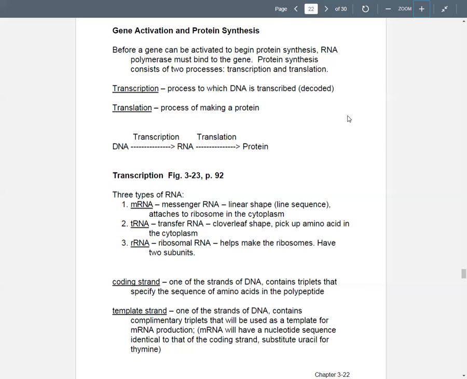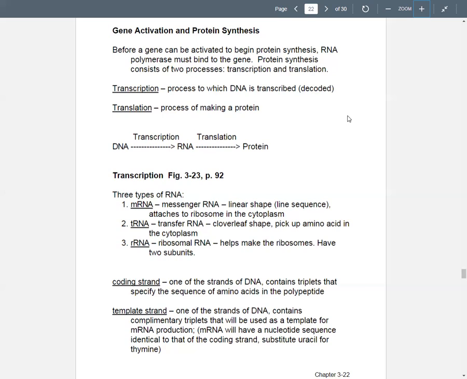Another concept you definitely need to understand is the difference between a coding strand and a template strand. Remember, your DNA is double-stranded. Your coding strand is the strand of DNA that has the triplets that will specify your sequence of amino acids.